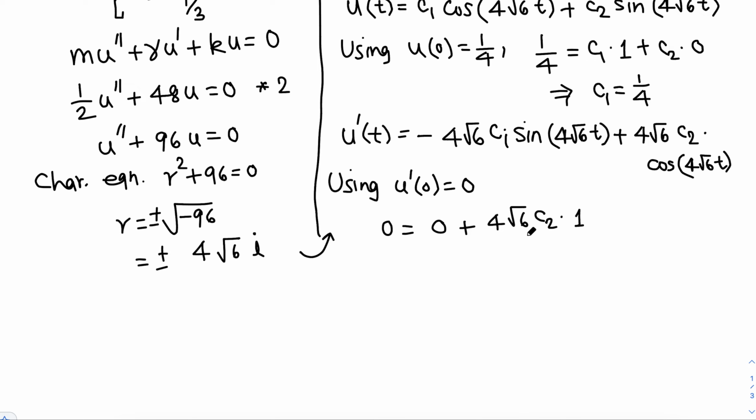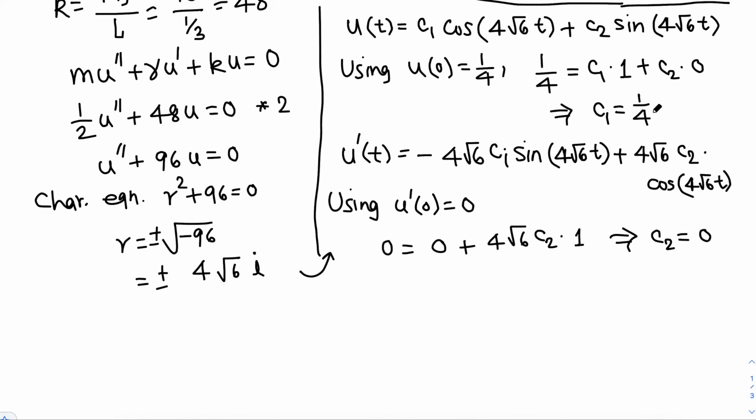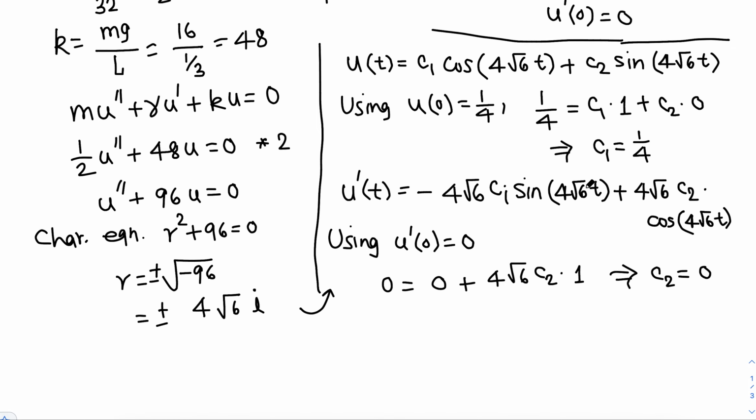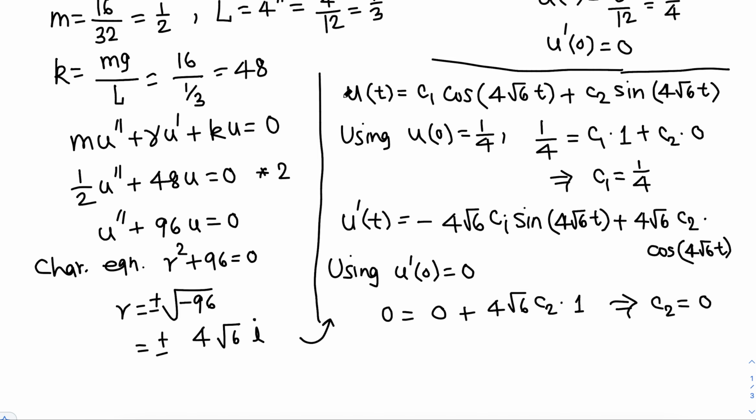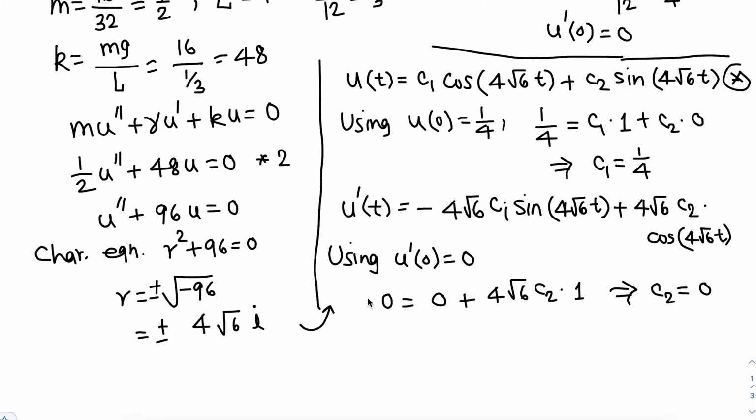So we got 4√6 C2 equals 0. We can divide by 4√6. So in fact this makes C2 0. 4√6 C2 is 0 means C2 must be 0. So C1 is 1/4 and C2 is 0. Our solution is here. So we go back here and plug in the values.